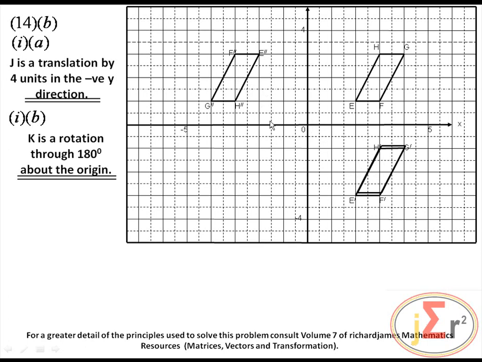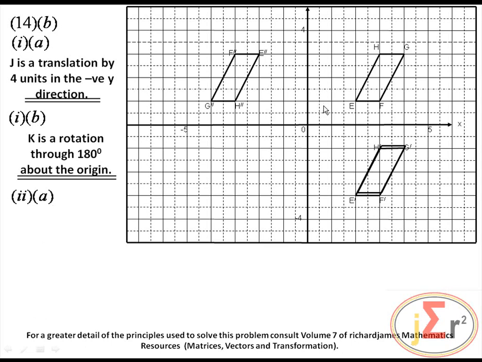If we take a look, we notice that E prime goes straight through the origin, and H prime goes straight through the origin to H double prime. So when that happens, we are sure that the transformation is a rotation, and because of the position, it is quite clear that it is a rotation through 180 degrees about the origin.